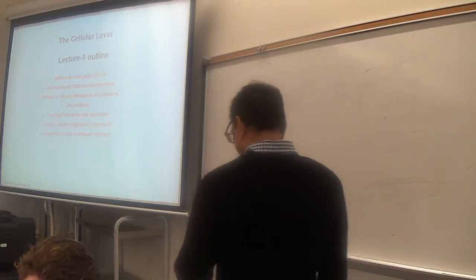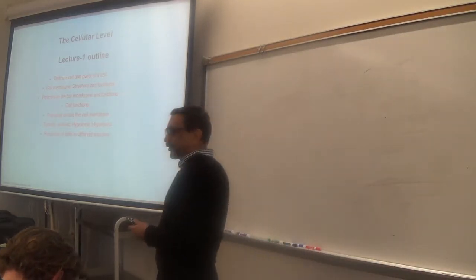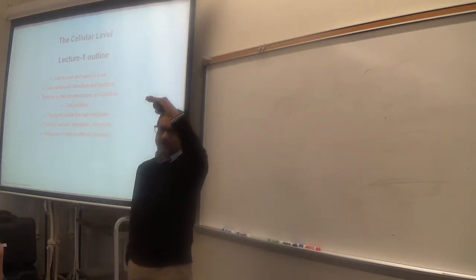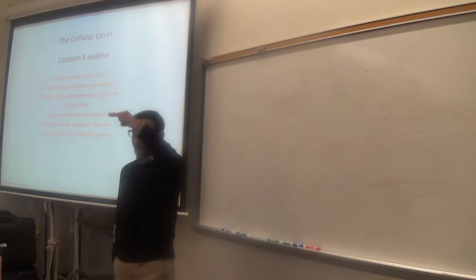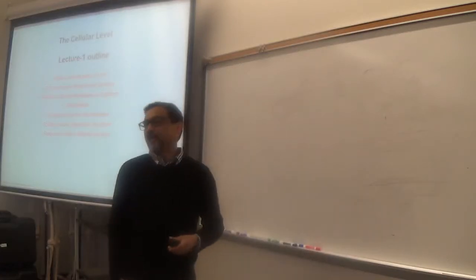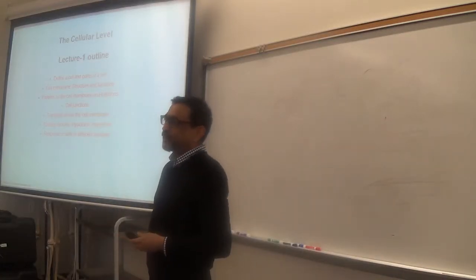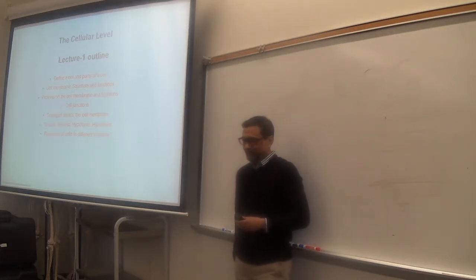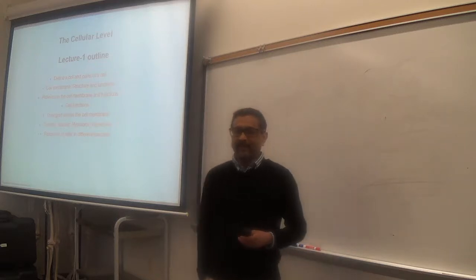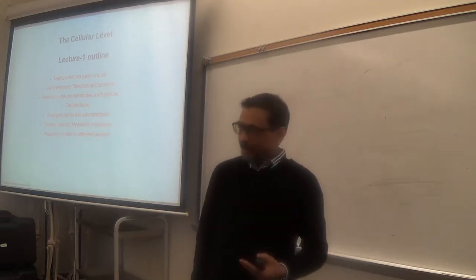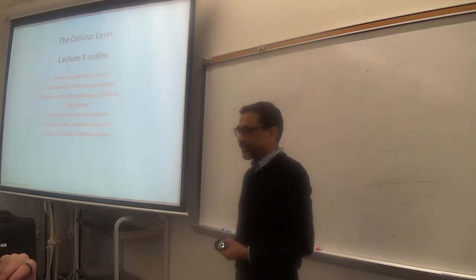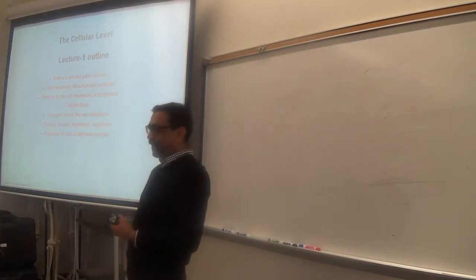So, you know, there are different levels of organization, right? From smallest to largest. In last lecture, I talked about the chemical level. Atoms, right? Elements, organic, inorganic compounds, right? Chemical reactions, ionic bonds, different types of bonds.